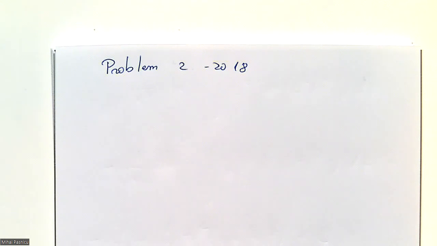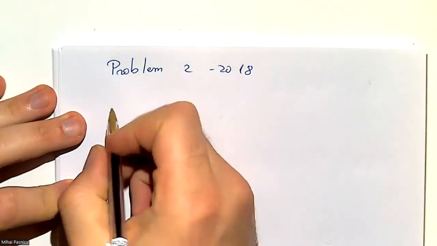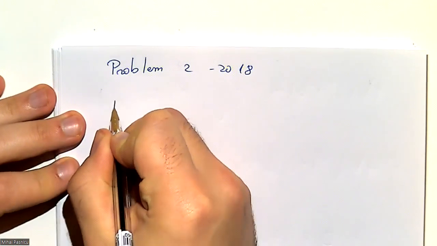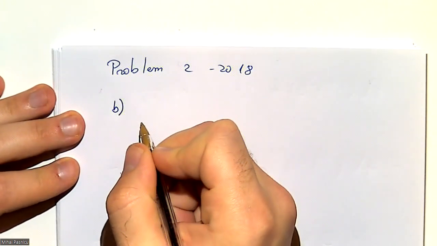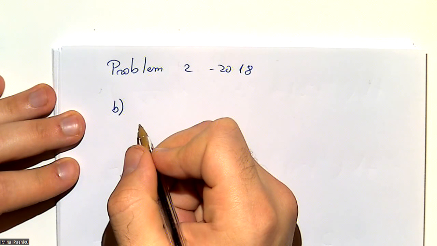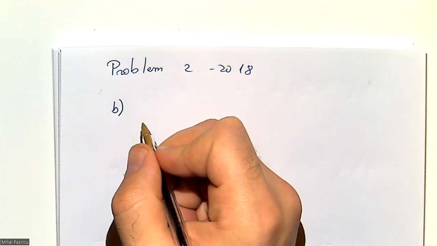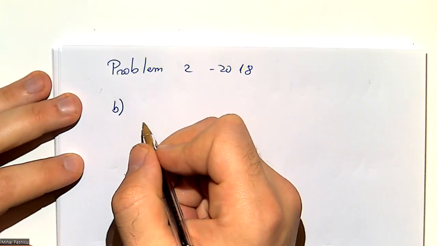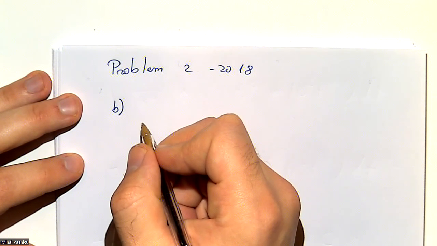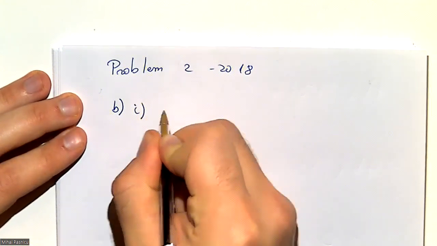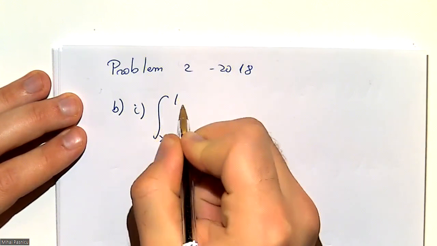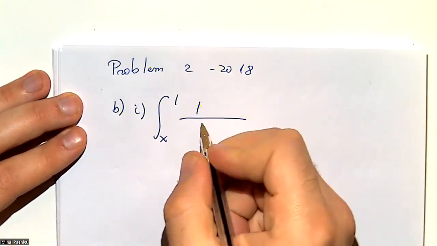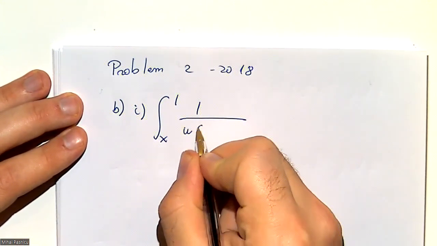Part B. I'm going to copy part B again while you guys read that. Okay, so I have the integral from x to 1. I'm just going to copy it so you guys don't have to.